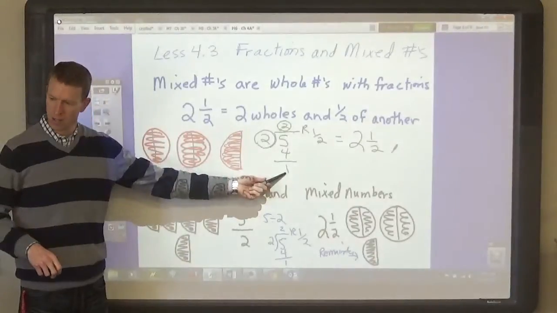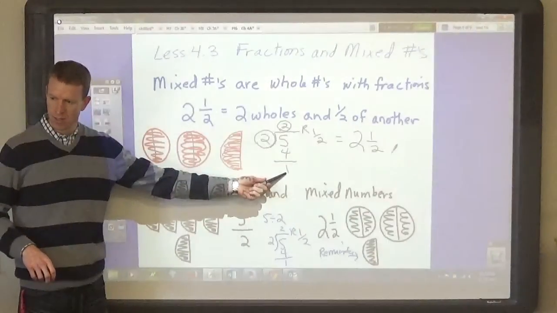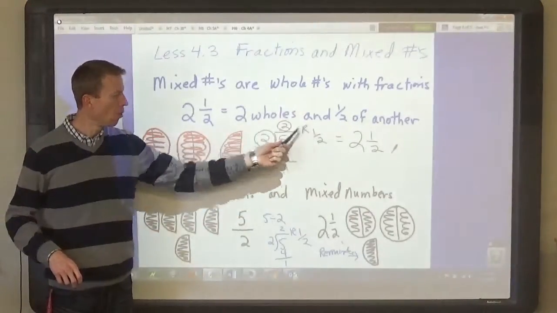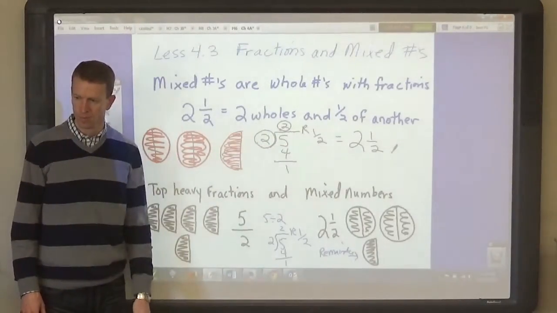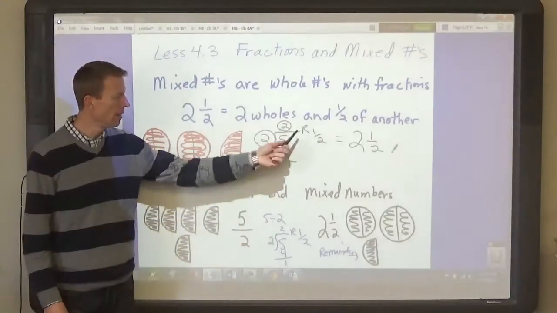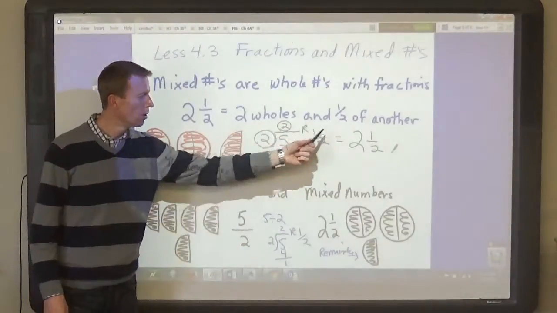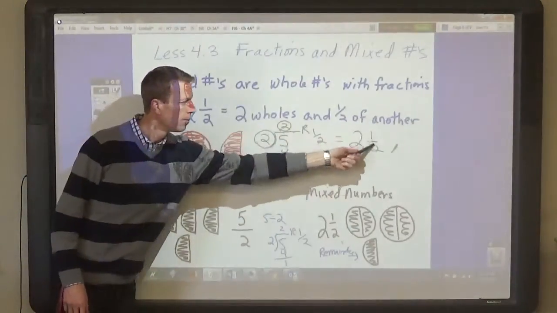Remainder 1. And then put the 1 over the divisor 2. 1 over 2. So that is 1/2. 2 and 1/2.